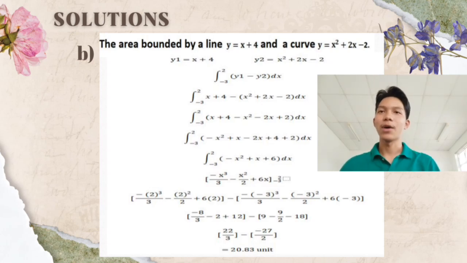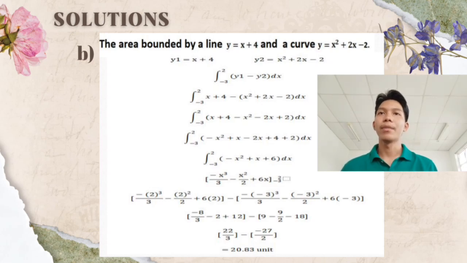Okay, next I will explain about solution for question B. The area bounded by the line y equal to x plus 4 and curve y equal to x to the power of 2 plus 2x minus 2. y1 equal to x plus 4 and y2 equal to x to the power of 2 plus 2x minus 2. Integrate from negative 3 to 2 bracket y1 minus y2 bracket dx.